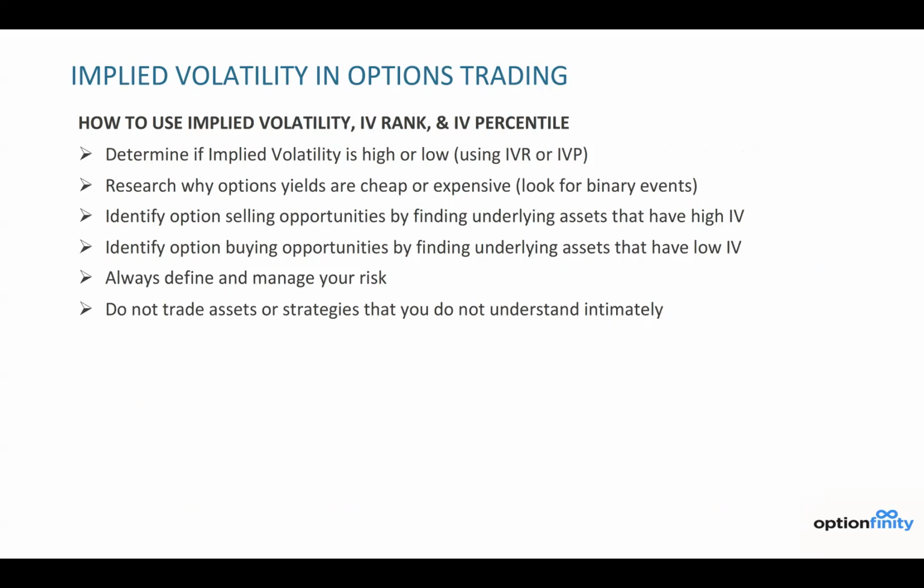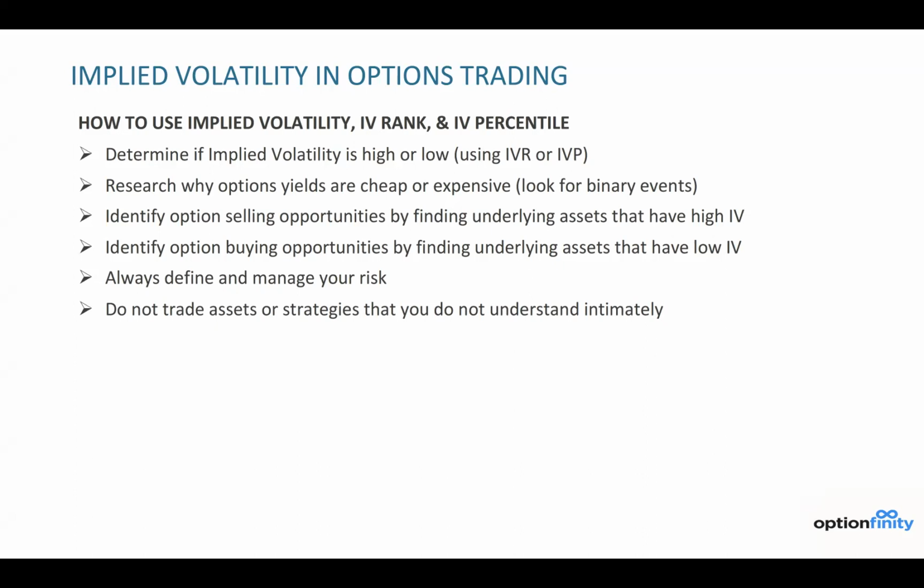So how to use IV rank and IV percentile, right? The first thing is you want to determine if IV is high or low using IVR or IVP. Then it's very, very important to research why option yields are very cheap or expensive on certain names.